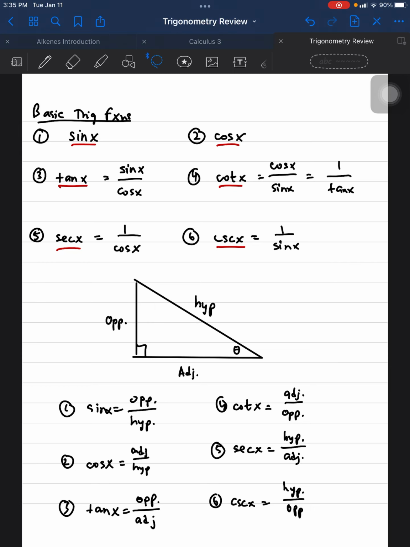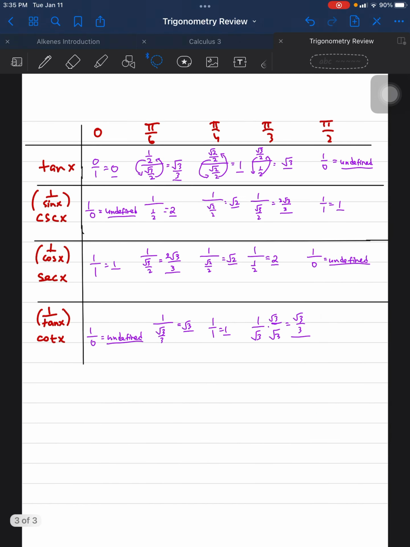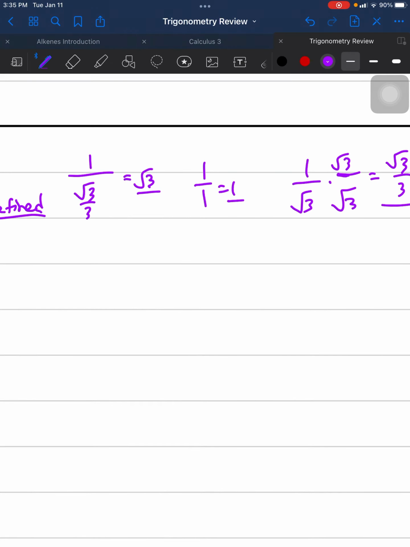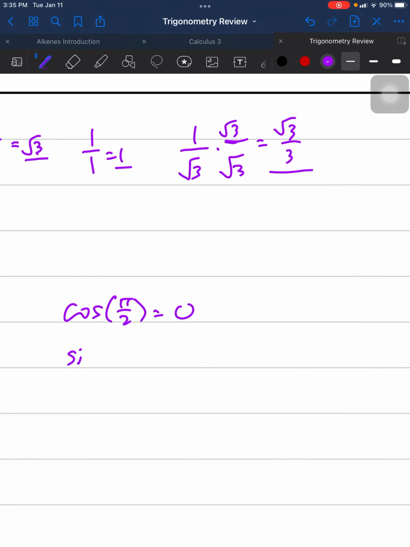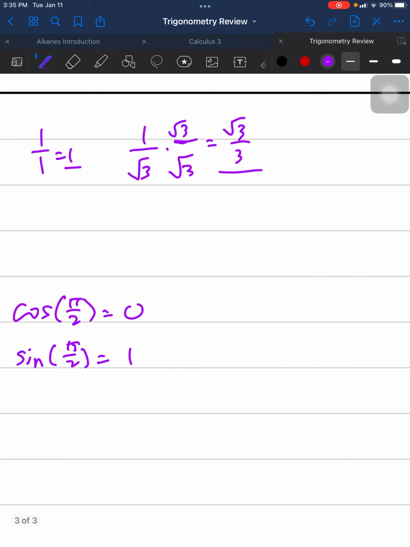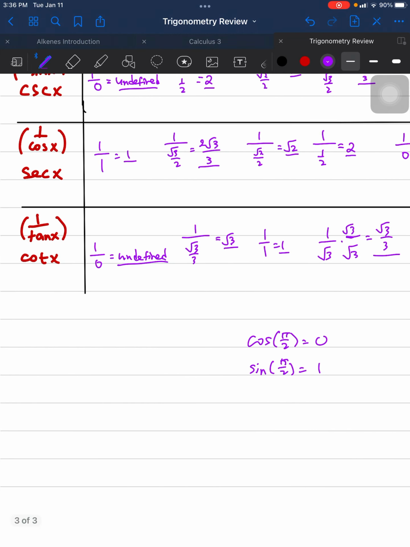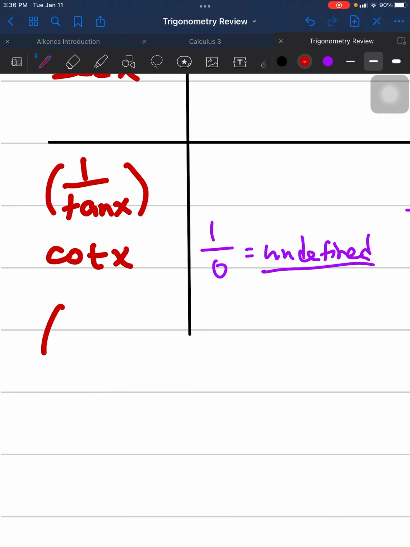So first we're going to have to find the value of cosine at pi over 2, then the value of sine at pi over 2, and divide them. So let's write that out. So cosine of pi over 2 is 0. Sine of pi over 2 is 1.